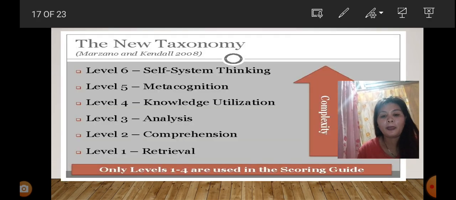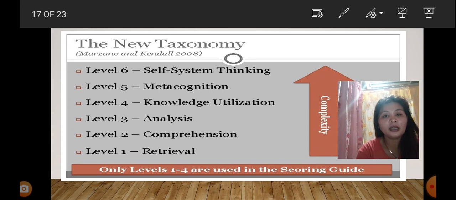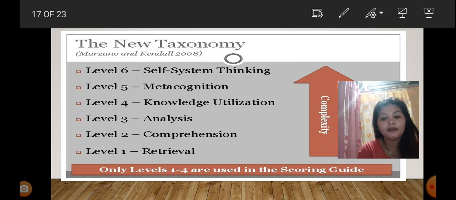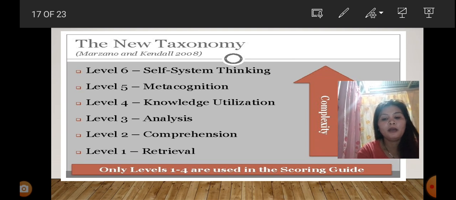So this is the new taxonomy of Kendall and Marzano. Marzano and Kendall have given Bloom's taxonomy a bit of working over. They reframe the three domains, and instead of categorizing learning activities, they describe 6 levels of processing knowledge.